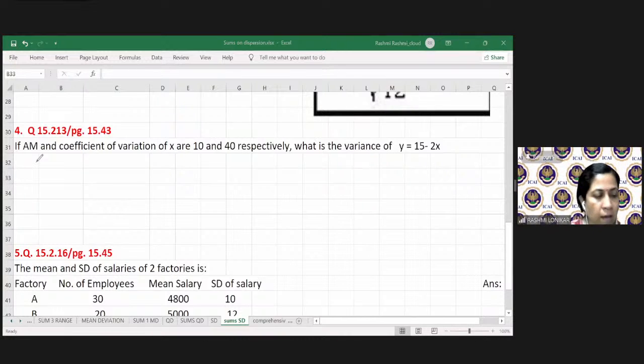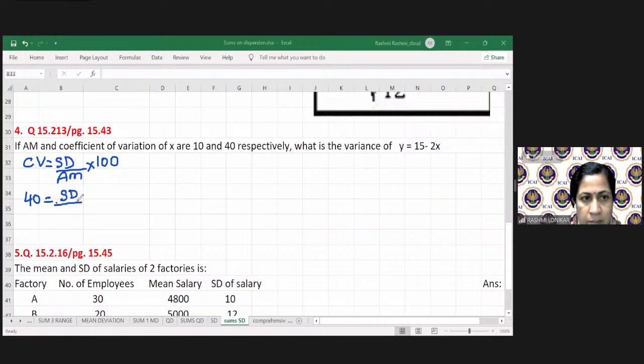Now I must know the formula for coefficient of variation. What is the CV formula? CV is equal to SD upon AM into 100, right? I know that. Now how much is CV? CV is given to me as 40. SD I don't know, and arithmetic mean is given to me as 10, into 100. So I cross multiply. What will I get?